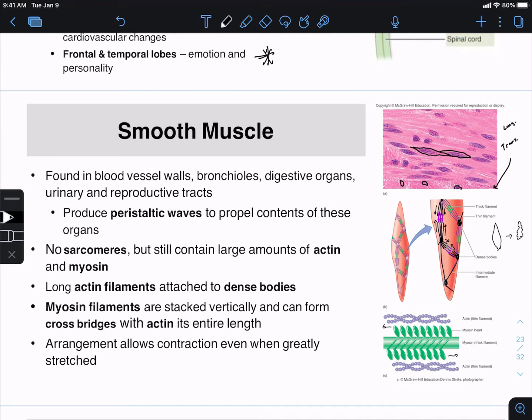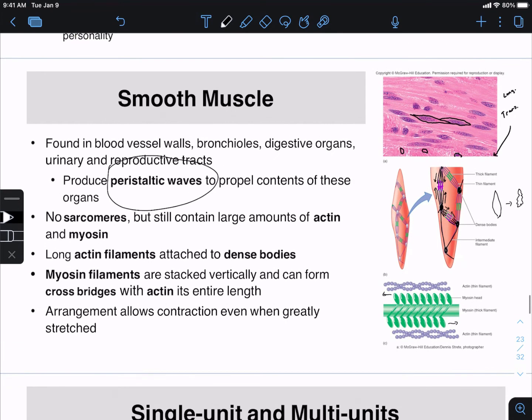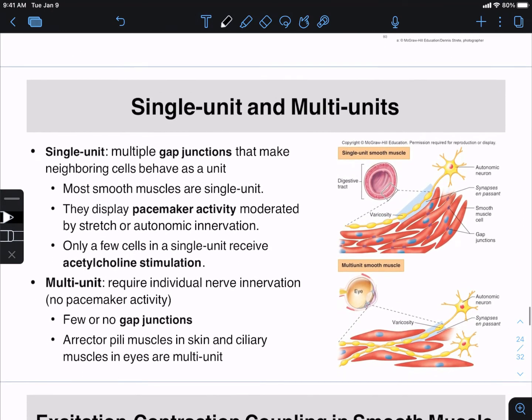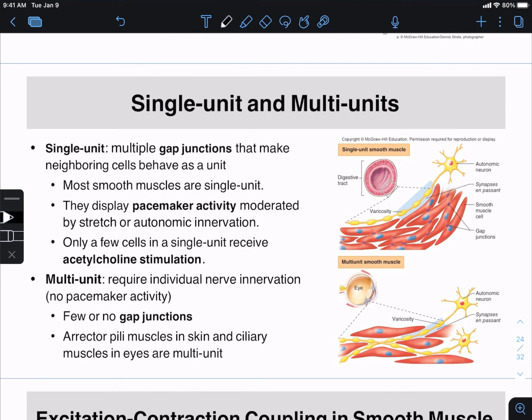Because of this contraction, we actually can get these peristaltic waves that occur, where you get these circular contractions around the tube of, say, the digestive system or the esophagus or what have you, rather than necessarily always contracting in this longitudinal method. Smooth muscles are what is known as single unit or multi-unit.